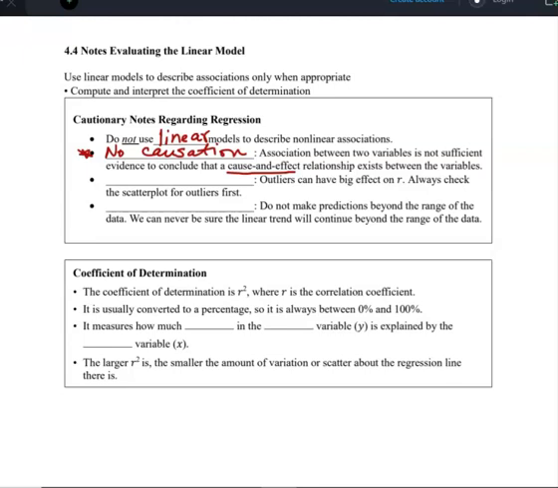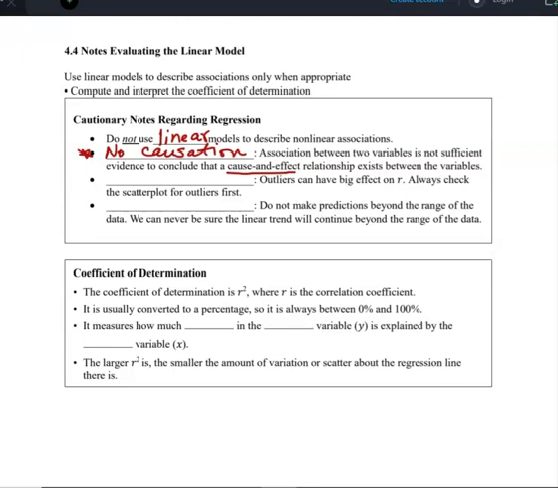So when we look at a scatter plot or a linear regression, we don't ever want to say causation. That's why we always use phrases like there tends to be a positive trend or a decreasing trend. But never, ever, ever assume causation just because there's a strong correlation between the two variables.